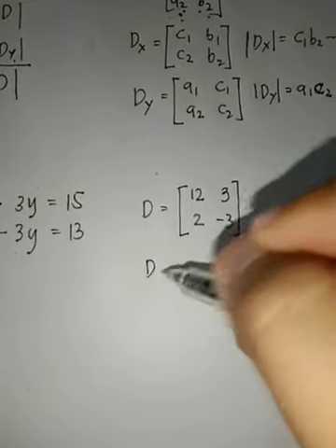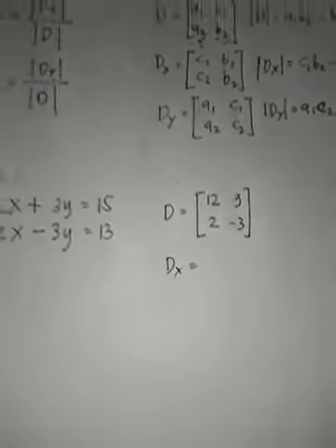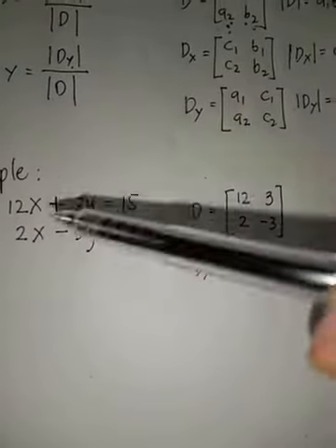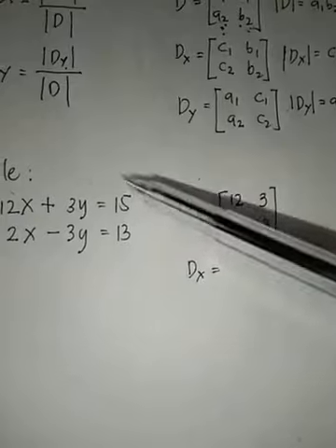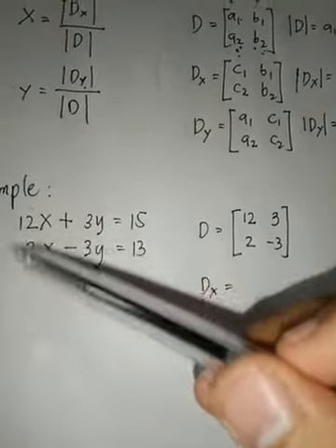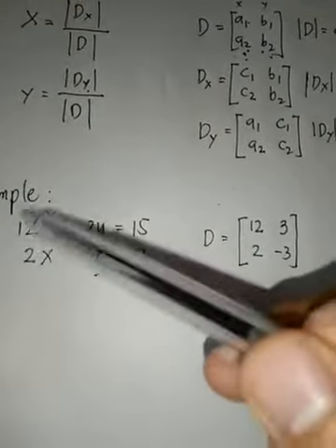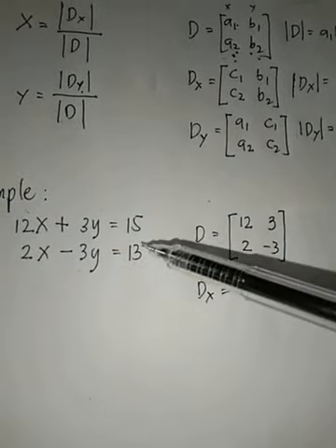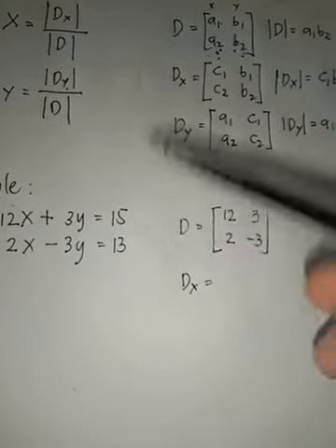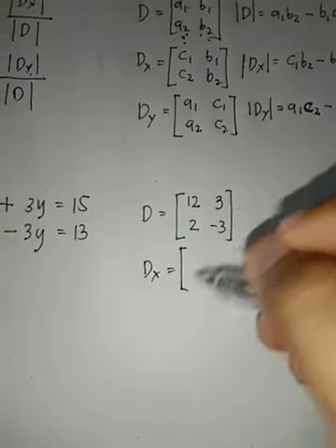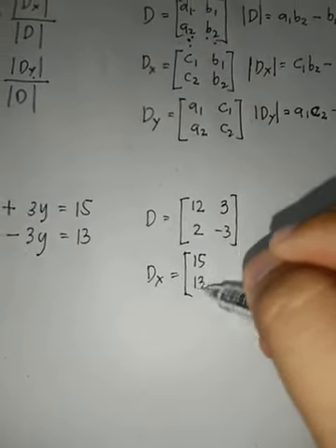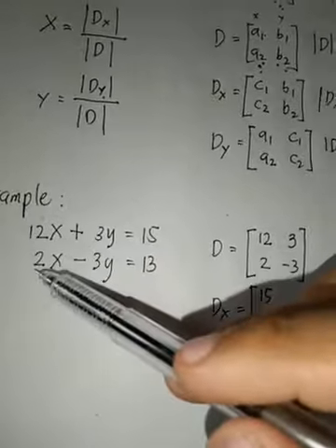How about the dx? Later na yung ating determinant, ha? So, ang dx natin, di ba? Ito yung C. So, ano nga gagawin? Palitan natin yung coefficients ng x sa C, or itong answer column. So, therefore, magiging 15, 13 instead of 12 and 2.